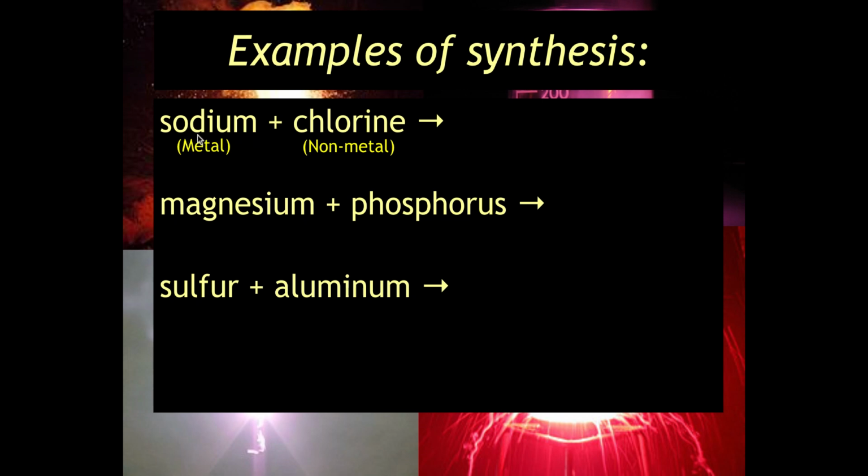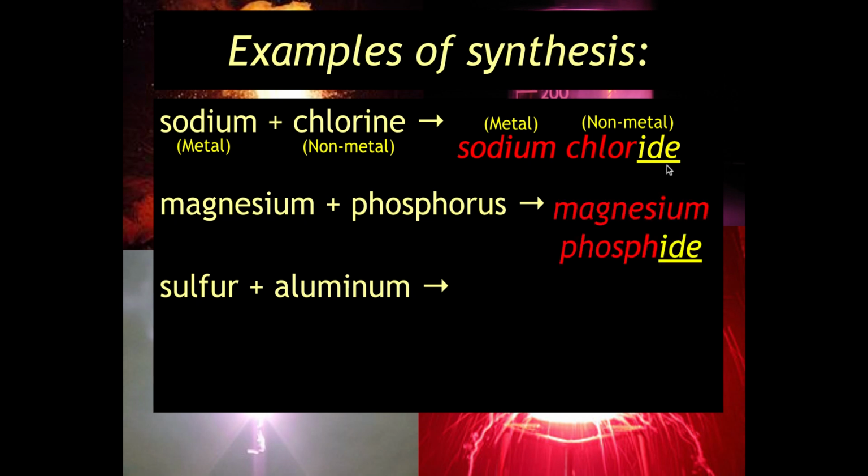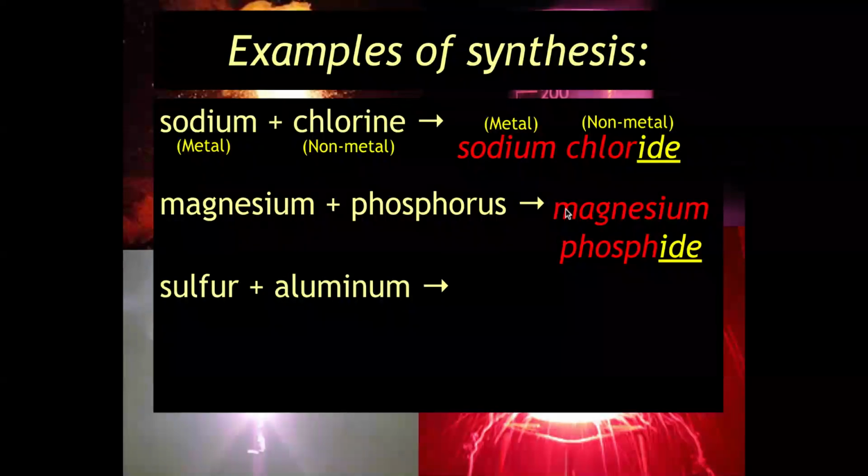So when that happens, when you've got a metal plus a nonmetal, you put them together. The metal always goes first, and the nonmetal goes second, and you change the ending on the nonmetal to "ide." So here we've got magnesium plus phosphorus makes, we put the name of the metal first, magnesium, and we take phosphorus and change the ending to "ide."